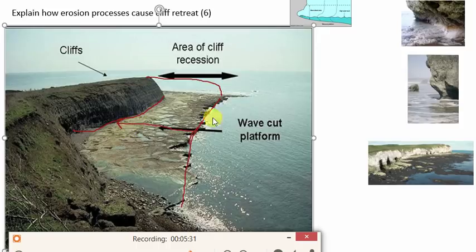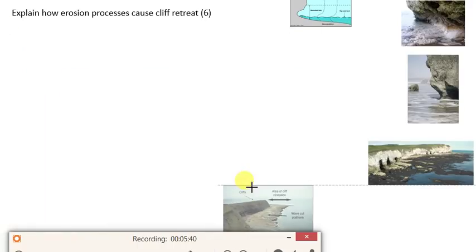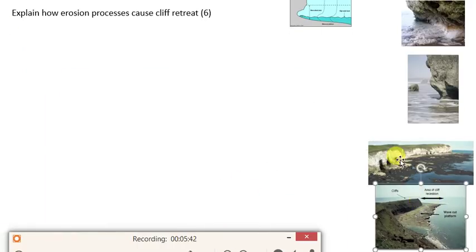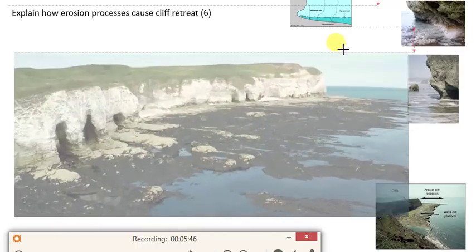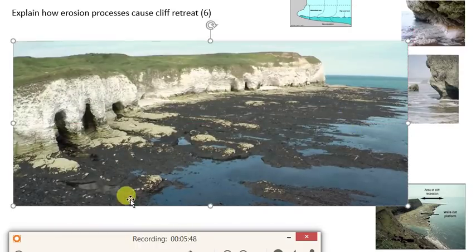All right. Another picture. I think this one's at Flamborough, possibly. Flamborough Head. And again, you see the current position of the cliff. We've got caves and arches that you can see where my cursor is.